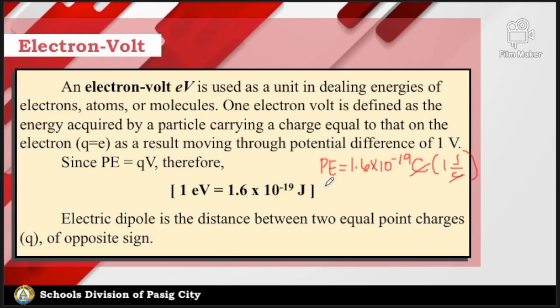Therefore, we can say that the energy acquired by 1 electron is equal to 1.6 times 10 raised to negative 19 joule, and that is also equivalent to 1 electron volt. Electric dipole is the distance between two equal point charges of opposite signs.